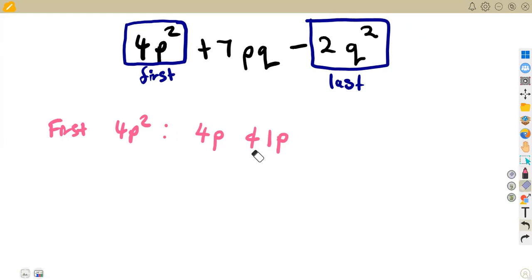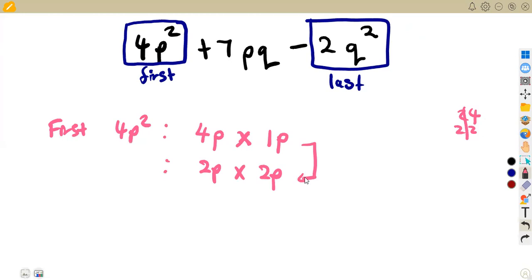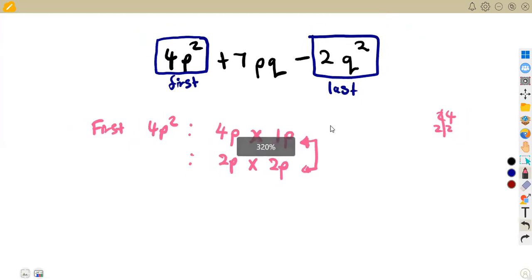If you multiply this, we get 4p squared. Also, for us to get 4p squared, you can consider 2 and 2, factors of 4. So this can also be 2p times what? Times 2p. So these are the factors only for 4. I think these are the only factors that we have. Yes, this is all you have, guys, okay? There's no other factor here.